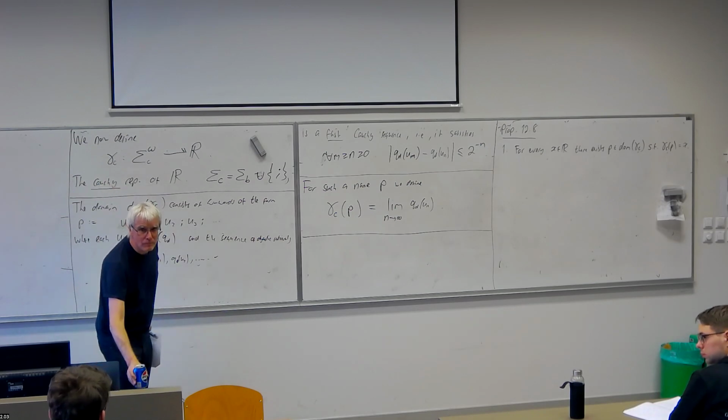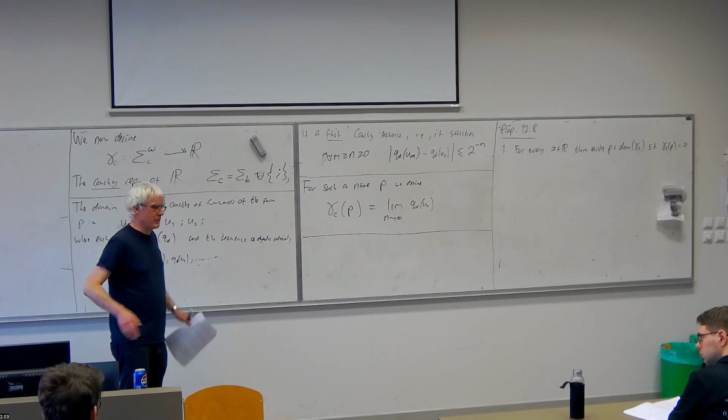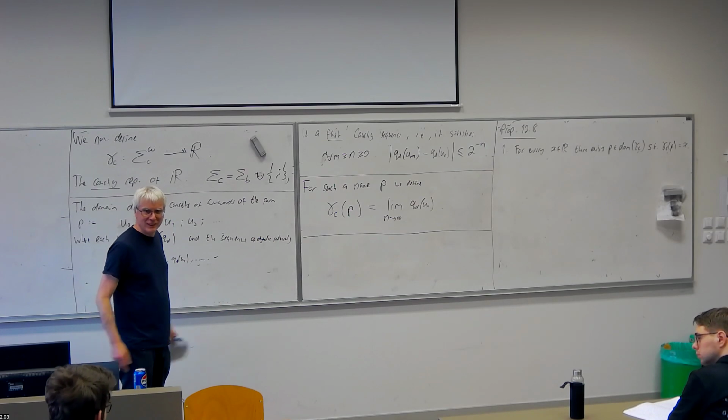Well, we can use the decimal representation. Yeah, I mean, we don't need to make assumptions. We're just working in the world of ordinary maths. So yes, every real has a decimal representation.